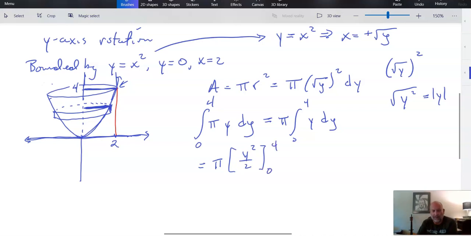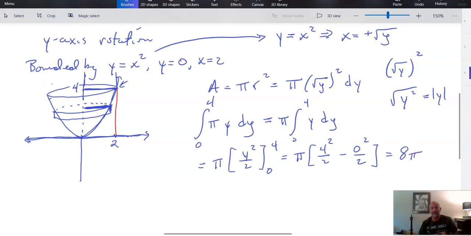And that works out pretty nicely. Using the fundamental theorem of calculus, this is pi times 4 squared over 2 minus 0 squared over 2. 16 divided by 2 is 8, so we end up with 8 pi here.